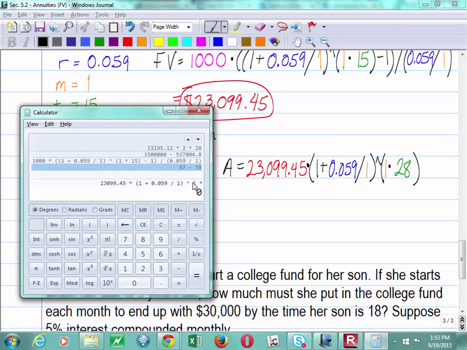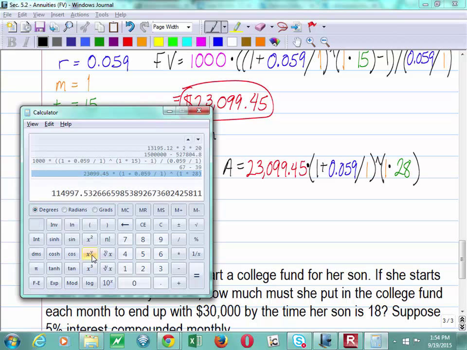Oops, I need a parentheses right there. Alright, that looks good. So there we go. So I've got $114,997.53. Wow. That's a lot.